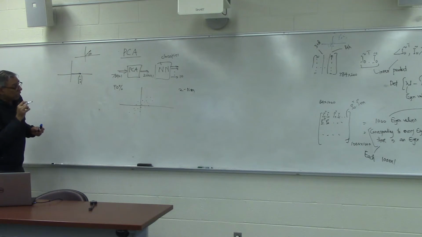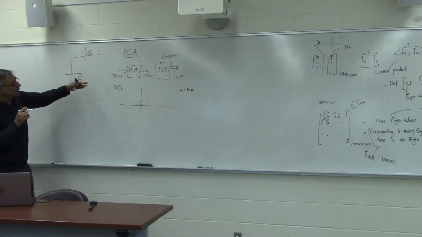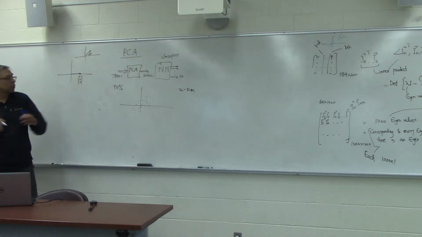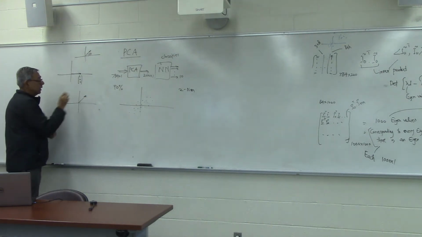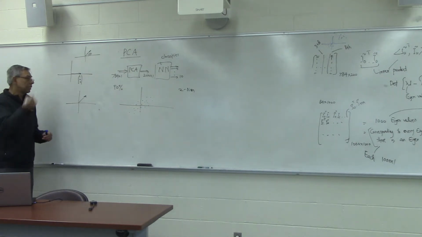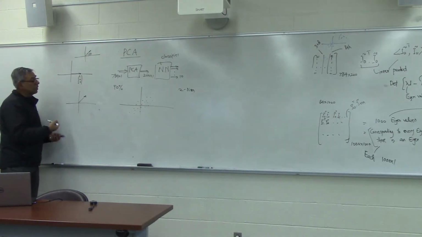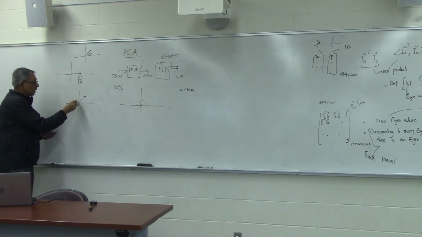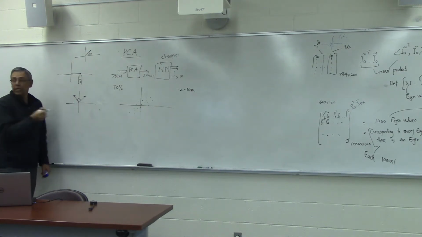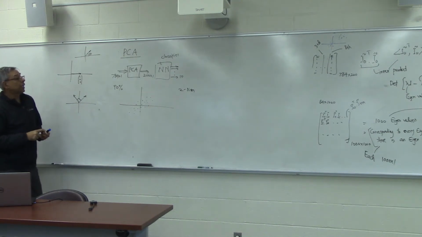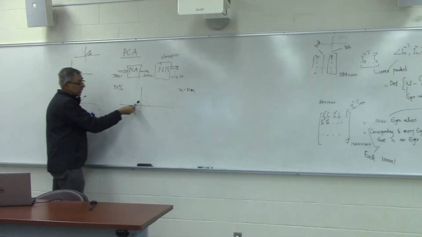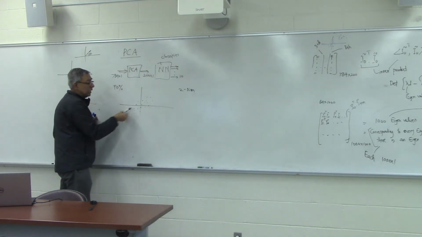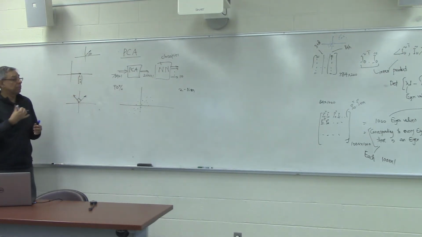Of course, in PCA, the basis vectors will be orthogonal to each other. If one basis vector is like this, the next vector orthogonal to it will be completely 90 degrees to it, right? So when it computes the eigenvector corresponding to the highest eigenvalue, it takes a look at which way the data is distributed the most.